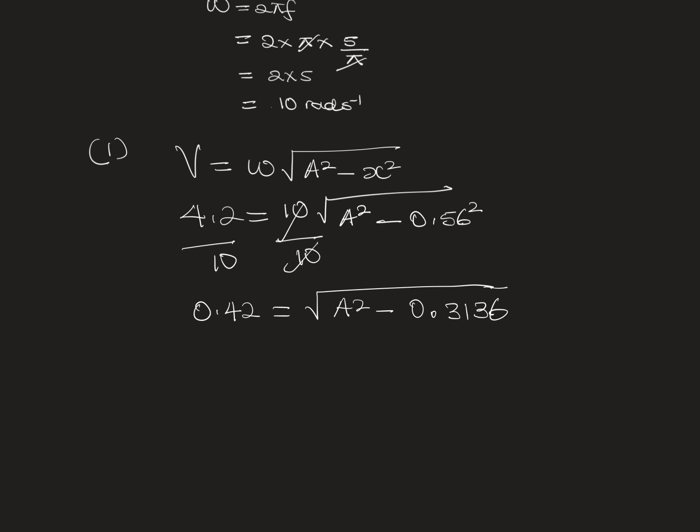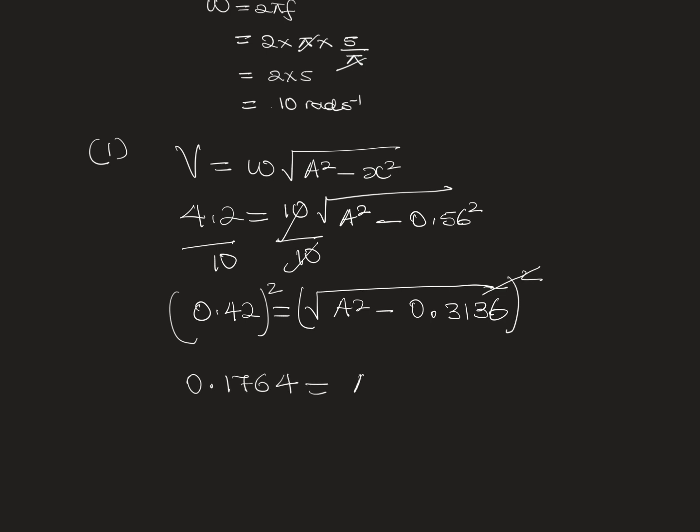So what can I do? If you have the square root and you want to cancel it, then what you do is you introduce square. If I square both sides, then square and square root will cancel each other. So what am I going to have? 0.42 squared is 0.1764.